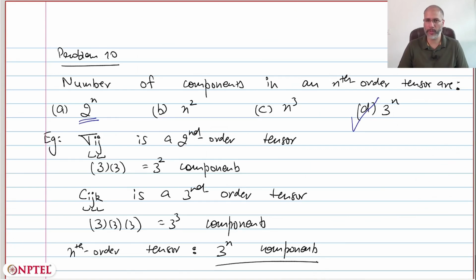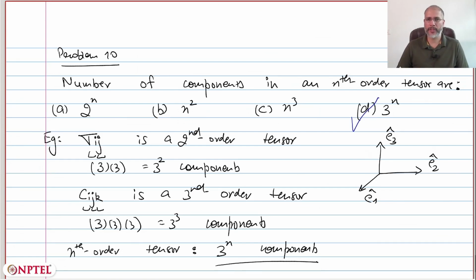And we also draw our Cartesian coordinate system with the 3 basis vectors e1, e2 and e3. So unless it is specified otherwise, we'll always assume it's a 3D world. So the number of components is 3 to the power of n, not 2 to the power of n.